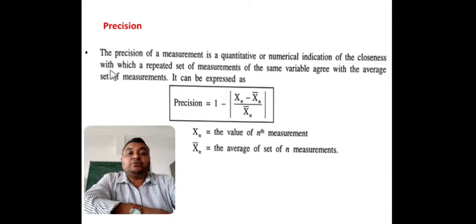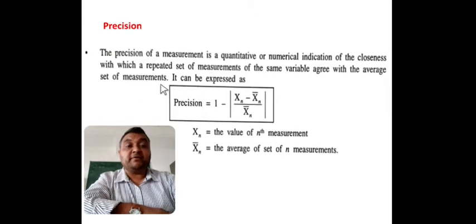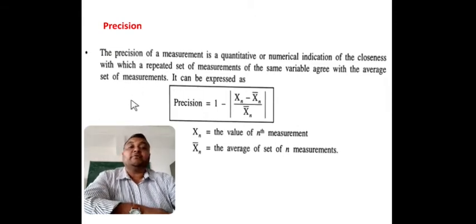Precision of measurement is a quantitative or numerical indication of the closeness with which a repeated set of measurements of the same variable agree with the average of the set of measurements. That is exactly what we saw in that example: a set of readings is taken, divided by the number of readings, and you are able to find the precision.